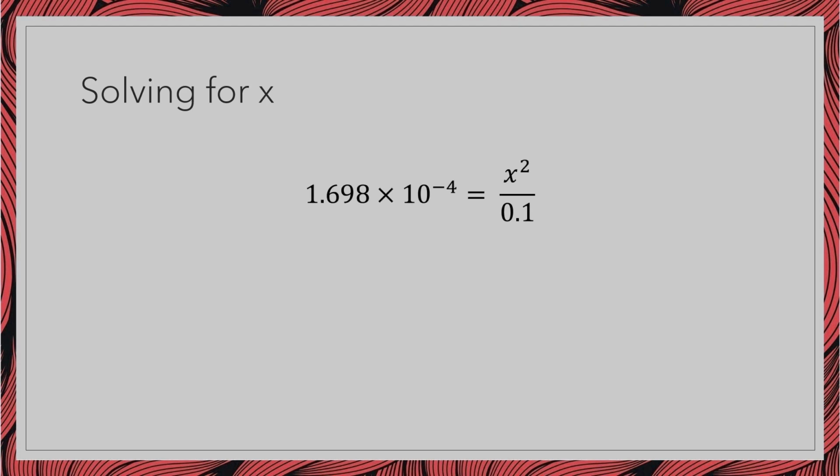So we have 1.698 times 10 to the negative 4 equals X squared over 0.1. We solve this algebraically, so we want to get X by itself, so we multiply both sides by 0.1, which should give us X squared equals 1.698 times 10 to the negative 5. Then take the square root, but remember, only take the positive square root.